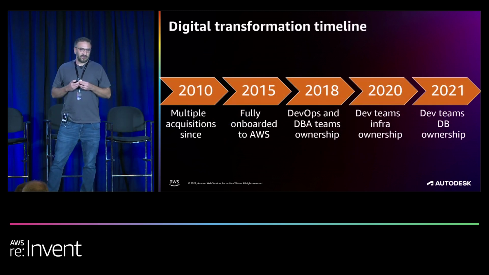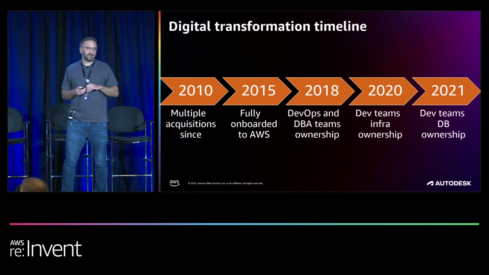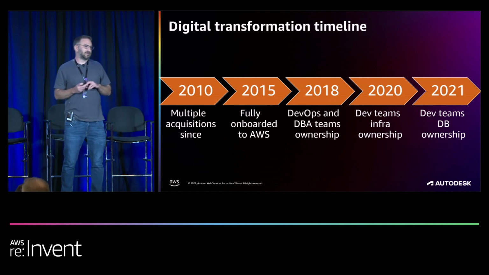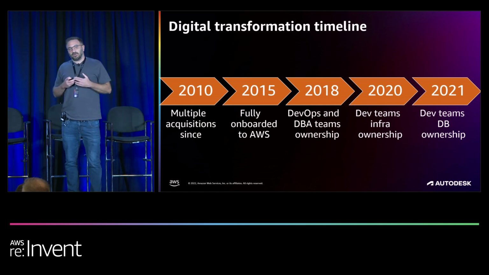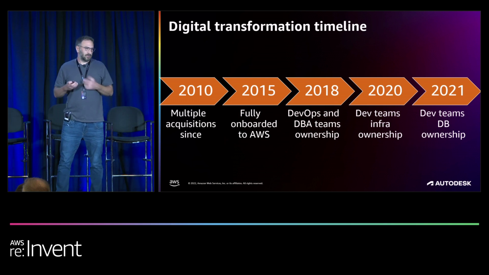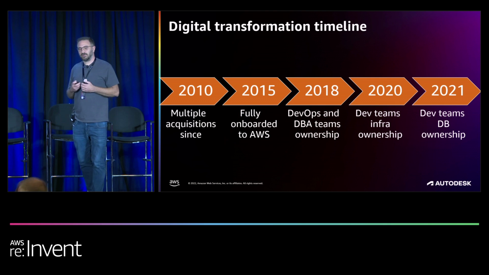So these days, our development teams own the databases and infrastructure components, but it wasn't always like that. Since 2010, multiple startups were acquired by Autodesk, some of which were already onboarded to AWS, and the rest of them used different web hosting services.